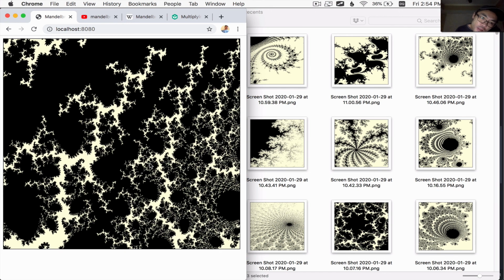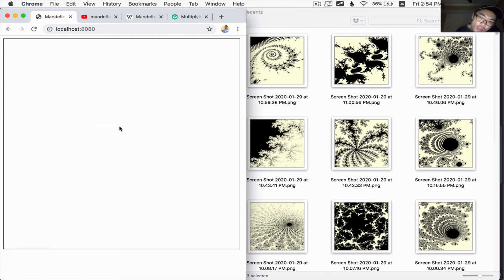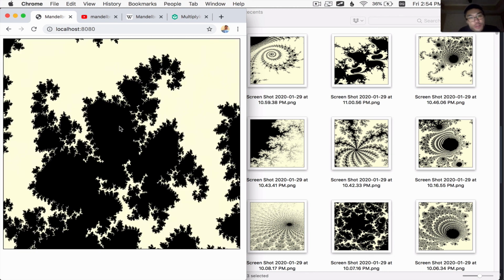This looks like there's an earthquake and there's like lava, like there's cracks in the earth and the lava is about to spill out of the earth. That's what that reminds me of. This looks more like an aerial map of some island, maybe a tropical island. Let's zoom in more.